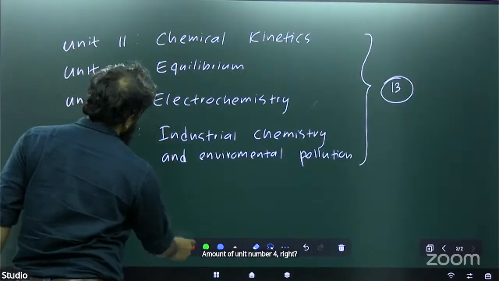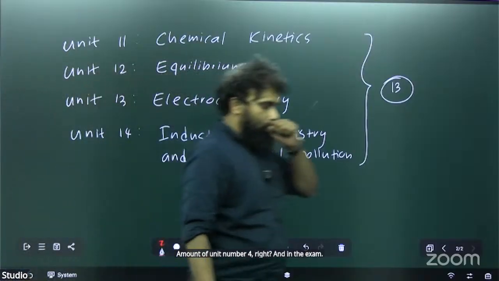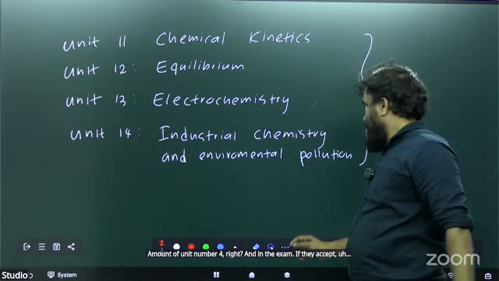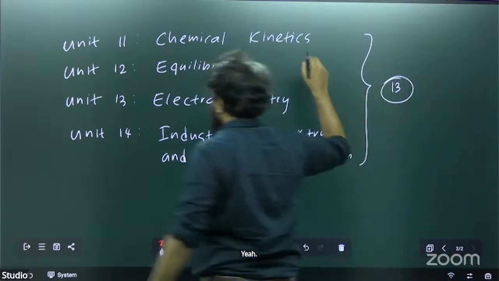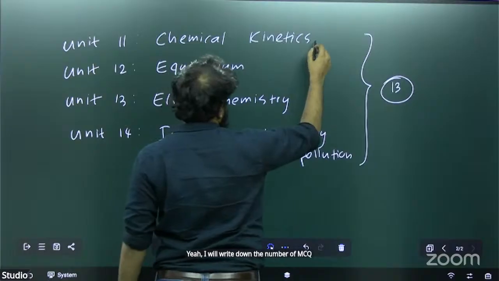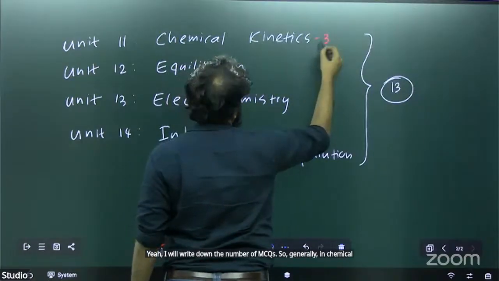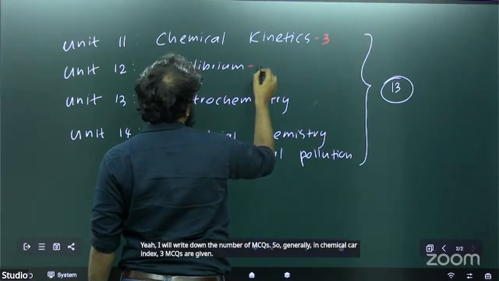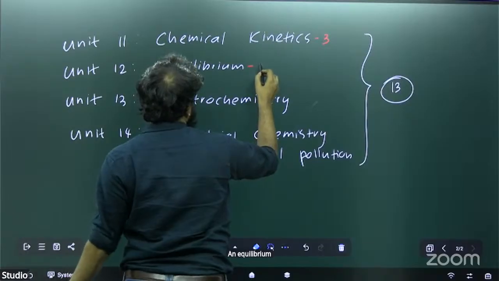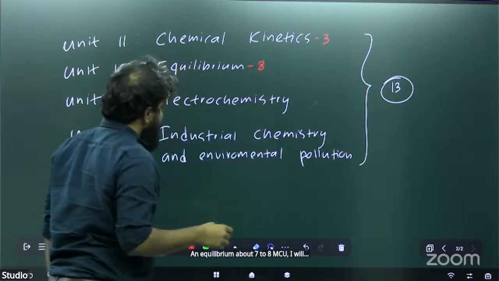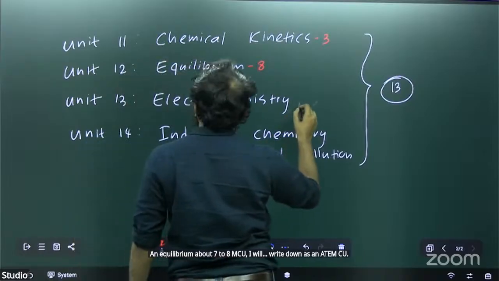And in the exam, here I will write down the number of MCQs. Generally in chemical kinetics, 3 MCQs are given, and equilibrium about 7 to 8 MCQs. I will write down 8 MCQs.